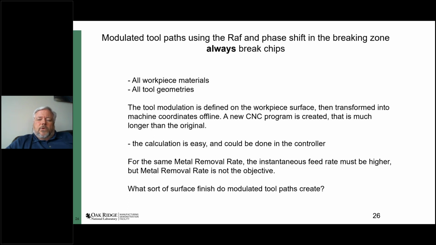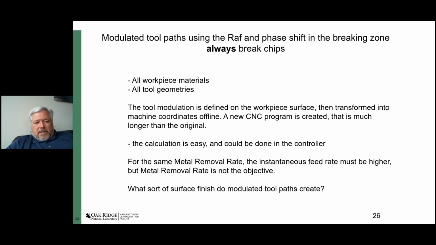Because the tool has to advance into the workpiece and then withdraw and then advance and withdraw. And when it does the advance, its instantaneous feed rate is higher. Or conversely, if I'm limited with the instantaneous feed, then it's going to take longer to make the part. But for the applications where this is particularly useful, that's not really the objective. I'm trying to make sure the chips break so that I don't have to manually intervene.